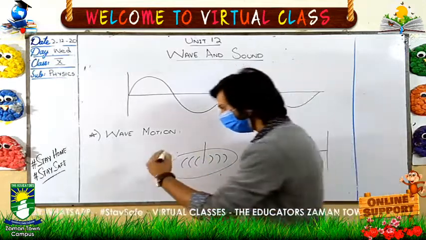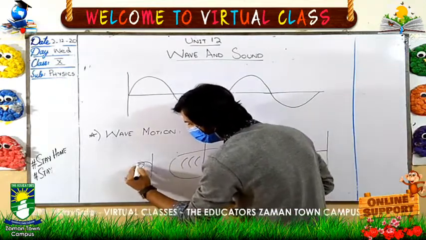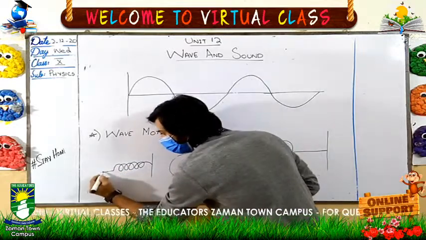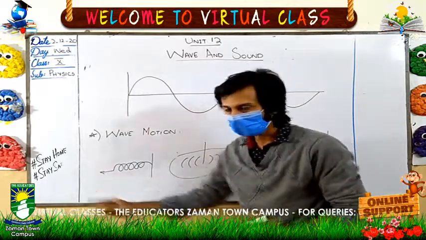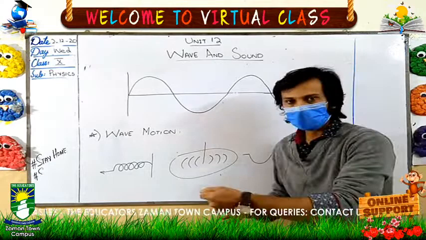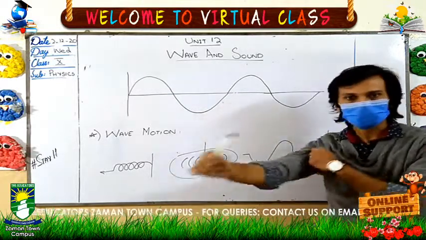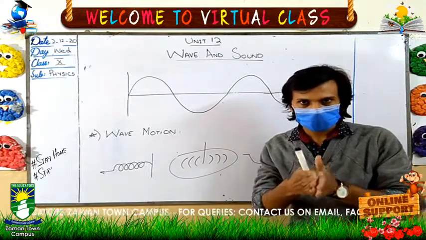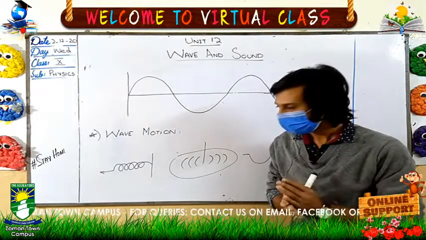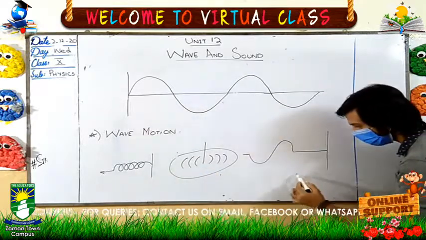Just suppose here is the diagram and this is the spring. If you pull this spring from that side, the spring will extend. As you leave the spring, what will happen next? There will be some compression and rarefaction.